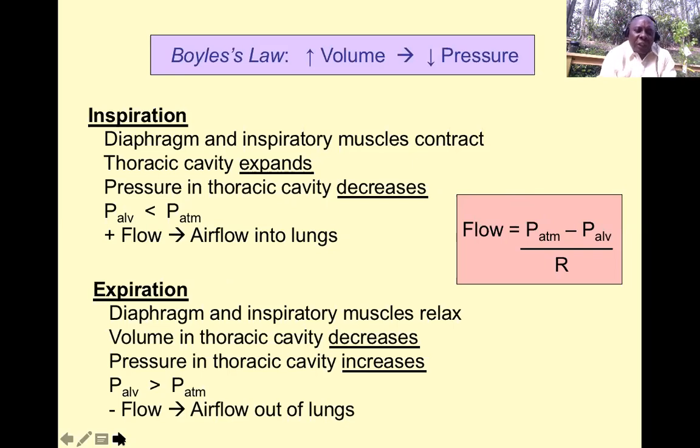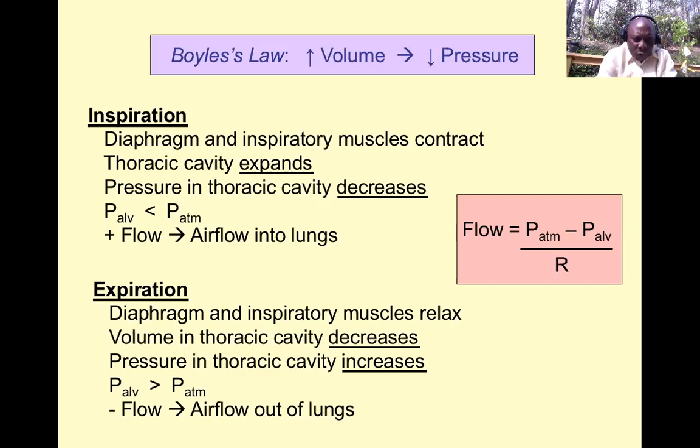In expiration, the opposite is happening, again based on Boyle's law. The diaphragm and the inspiratory muscles simply relax and go back into their original position. The diaphragm decreases vertically, and as the inspiratory muscles relax, the thoracic cavity decreases sideways, forward and backwards.